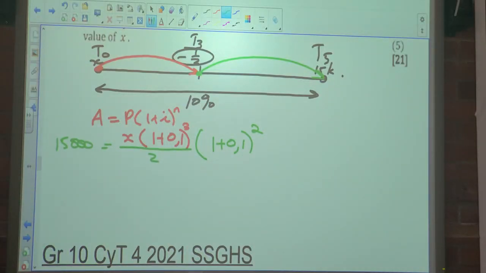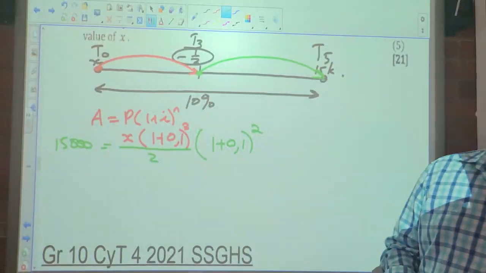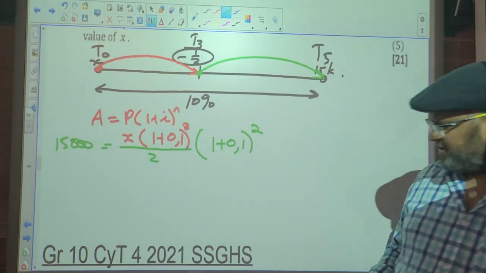Easy does it. So what do I do first in pursuit of solving for X? Not divide. How can I divide by 2 if I'm dividing by 2? Multiply it by 2.